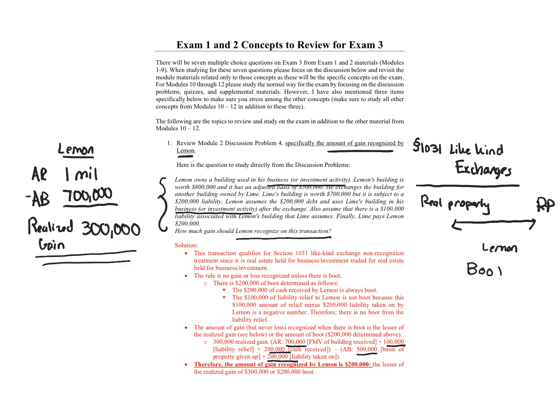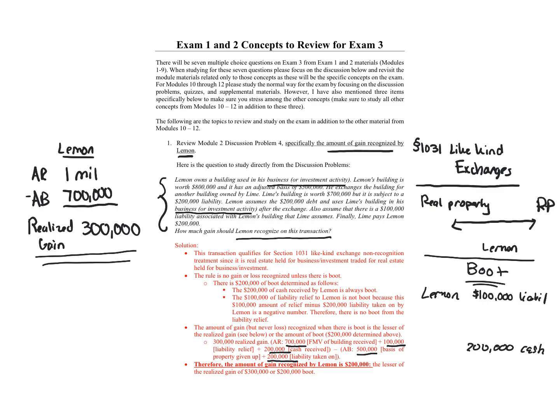Lemon receives $100,000 of liability relief and also $200,000 of cash. Now, when it comes to liabilities taken on, or when it comes to boot, the general rule is you're allowed to offset boot paid with boot received.